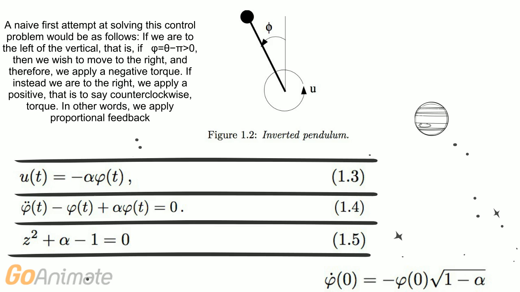A first attempt at solving this control problem would be as follows. If we are to the left of the vertical, that is, if phi, equal to theta minus pi, is larger than 0, then we wish to move to the right, and therefore we apply a negative torque. If instead we are to the right, we apply a positive one. That means we apply a proportional feedback.